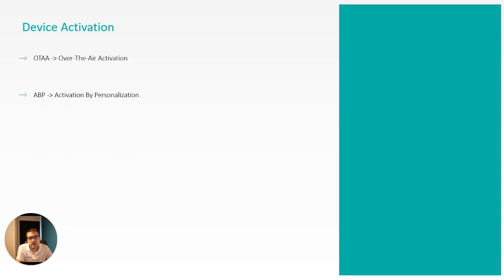For your device to be able to communicate with the Things Network, it needs to be activated. The activation methods are the following: OTAA, over-the-air activation, which is the most recent activation mechanism, and that means that the device sends a join request to the Things Network, and if the request is accepted, the Things Network sends a join accept response.